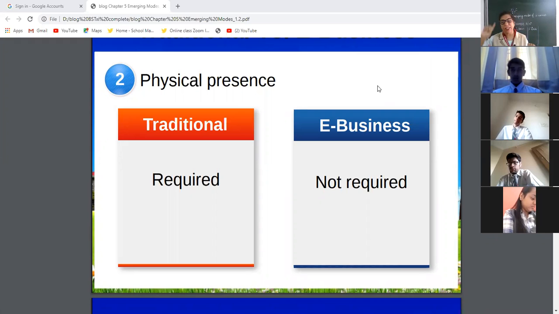While we have the traditional offline method of teaching, you come to school, you cannot send someone else. Same here in traditional business. The buyers and the sellers, the salesman and the representative or some person's physical presence is necessary. While in e-business, we don't know them.